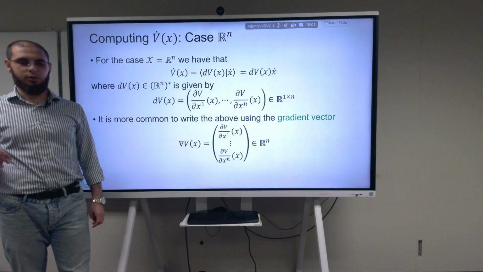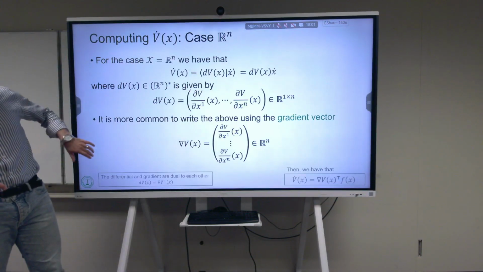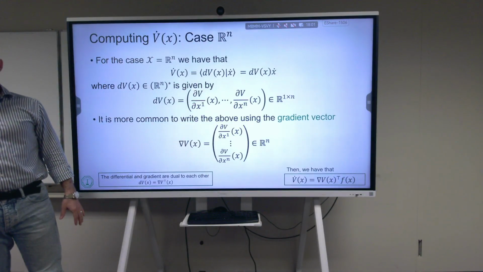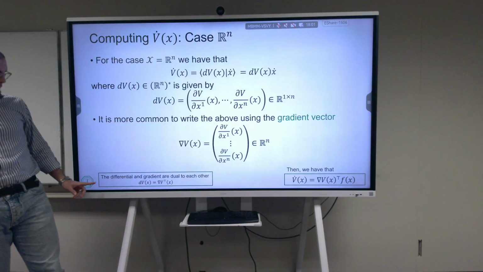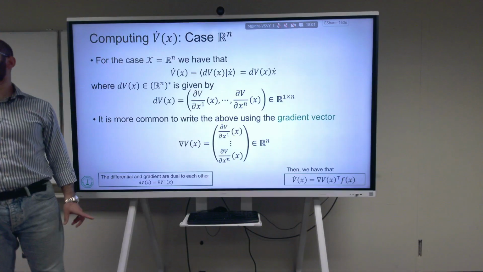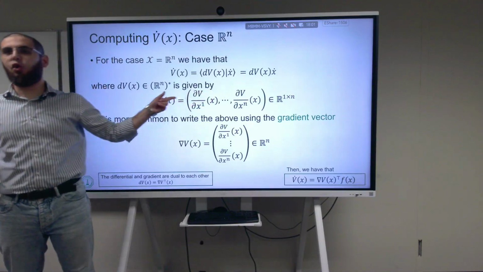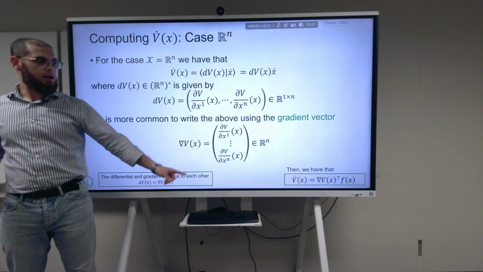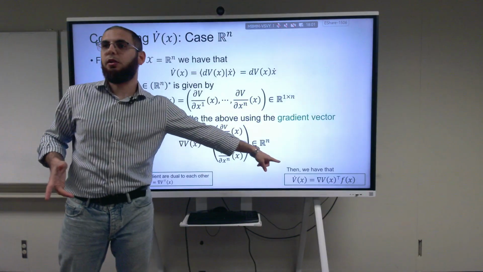So you see, what do we have here? We actually have two things that are the same thing, but represented in different ways. The differential and the gradient are simply dual to one another. The differential here is the row vector version of the gradient. And the V dot, when you write it in terms of the gradient, you usually write this expression, right?